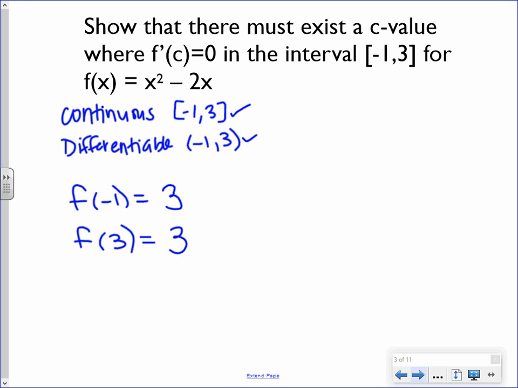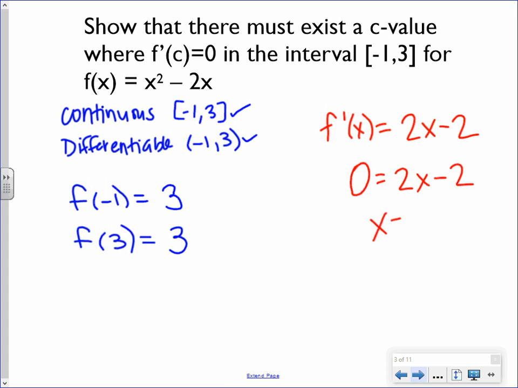Okay? Our derivative, Will, what is it? 2x minus 2. And if we want to know where that derivative is 0, it would be x equals 1.